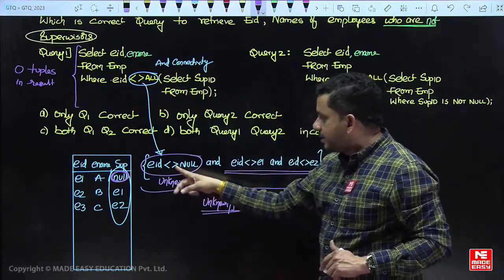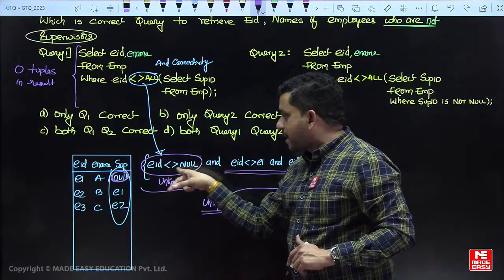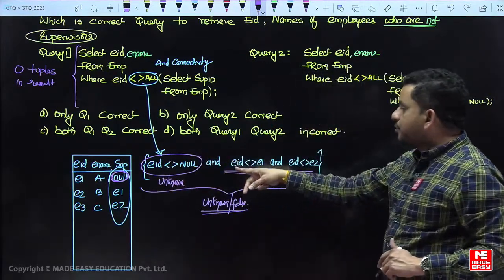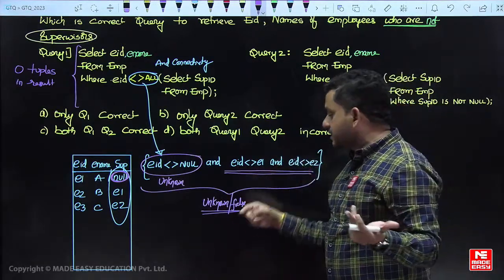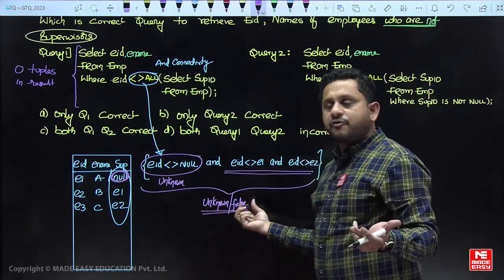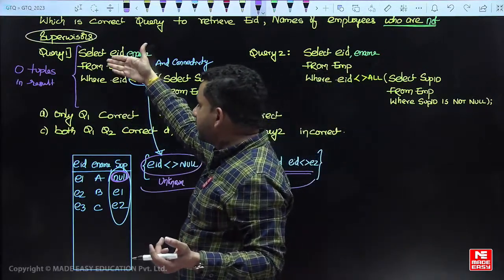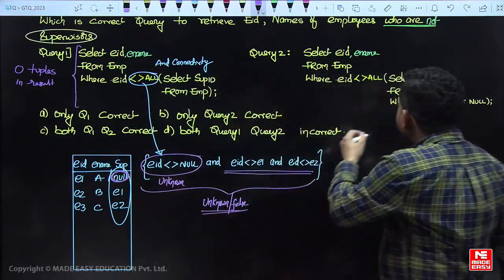Comparing with null is unknown, and unknown and true, unknown and false, whatever the case, the result is either unknown or false. So no record of the employee table comes into the result.